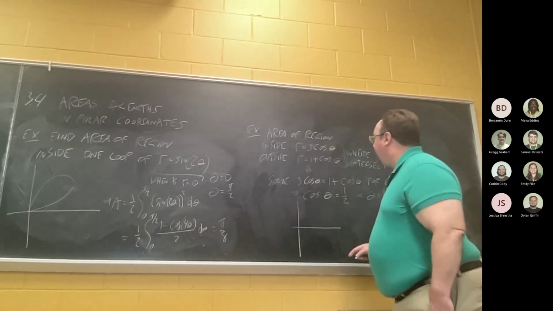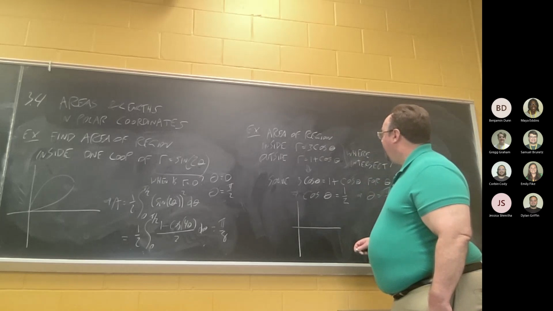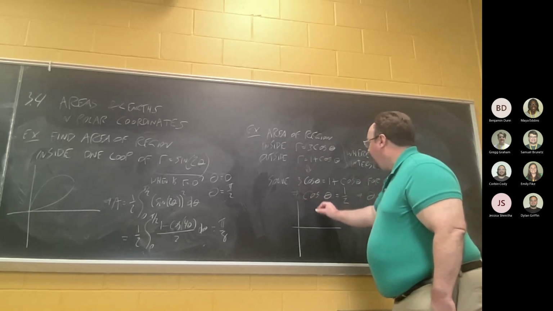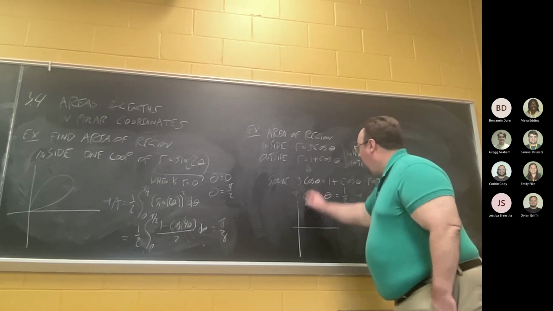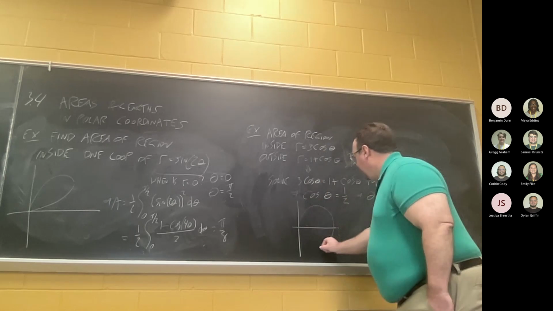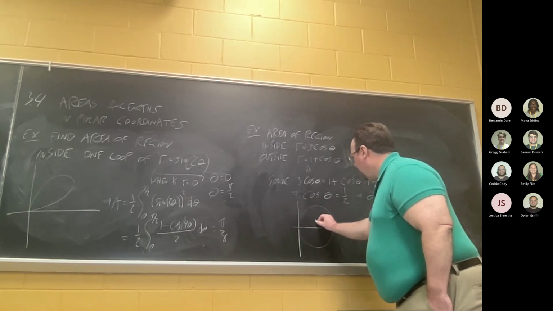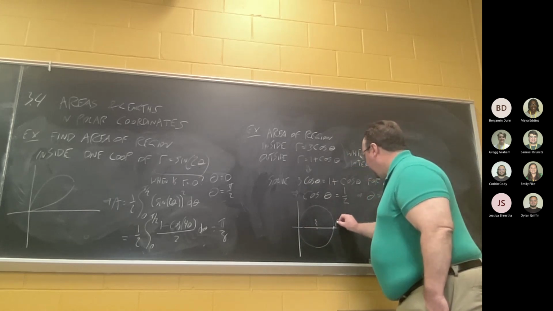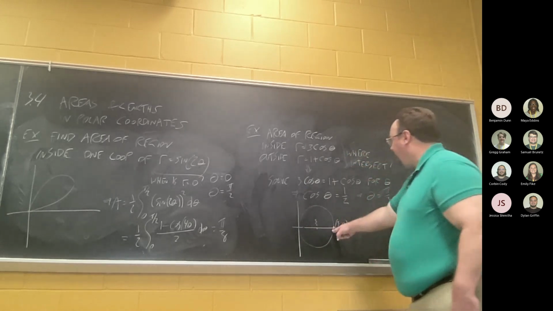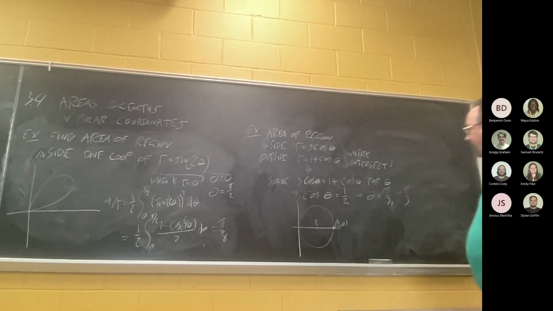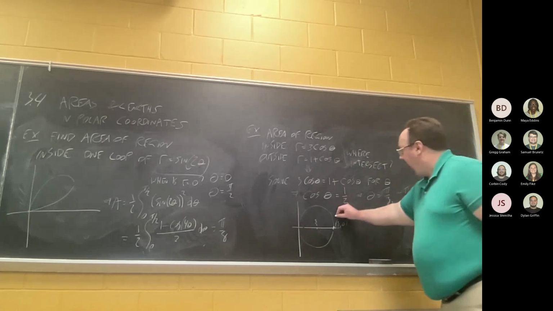So we have r equals 3 cosine theta, and that's going to be a circle of radius 3/2. It starts out here when theta equals 0, and when theta is pi/2, it lines up at the origin.